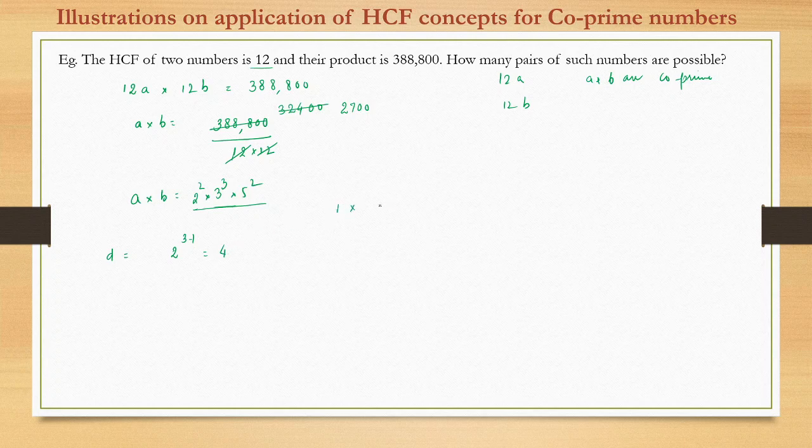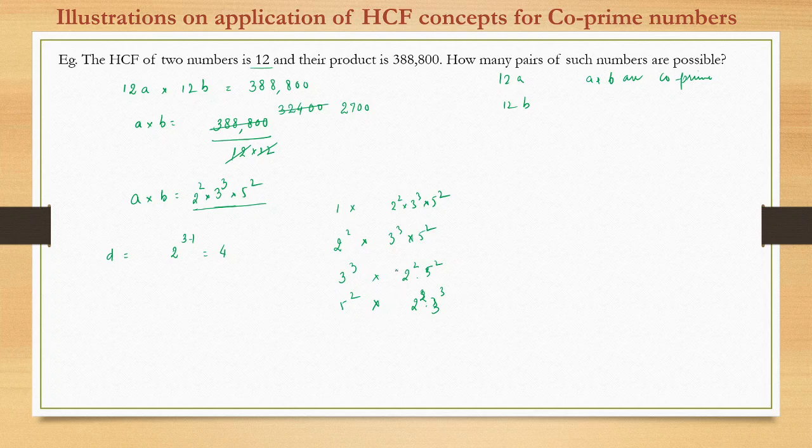Those will be 1 into 2 square into 3 cube into 5 square. Second would be 2 square into 3 cube into 5 square. Then 3 cube, and here it will be 2 square into 5 square, and then 5 square into 2 square into 3 cube.